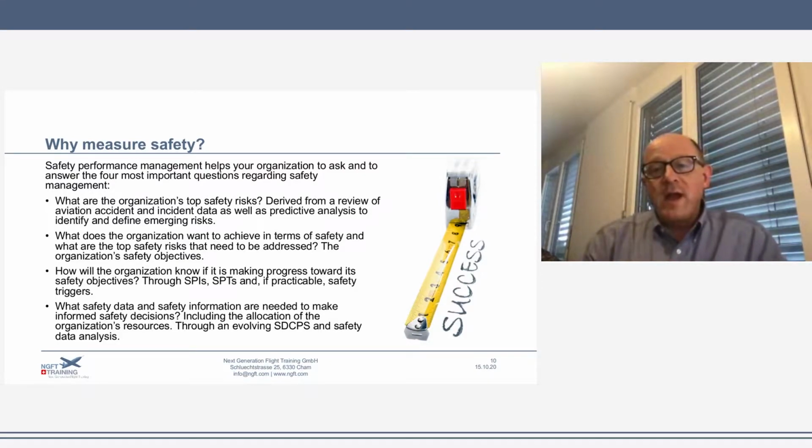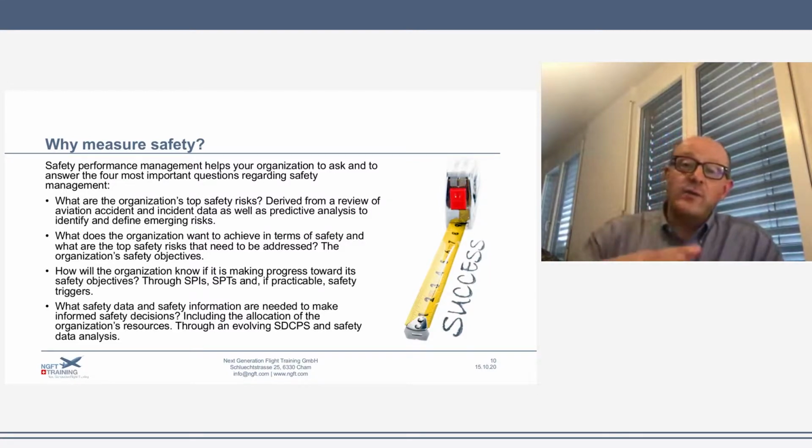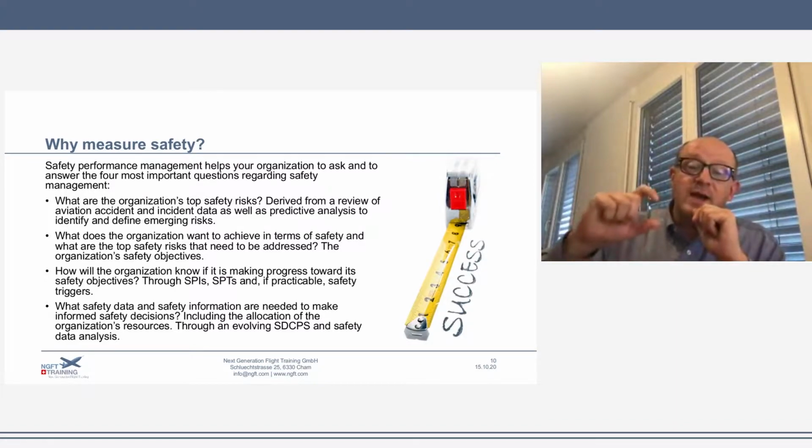So when we have these top safety risks, we need to be able to see, do we have any kind of protective barriers that we need to put in place so they can be avoided. And if we have these safety barriers, we can also then see if we can actually quantify these safety barriers.